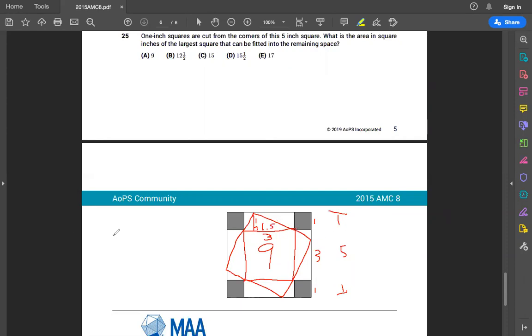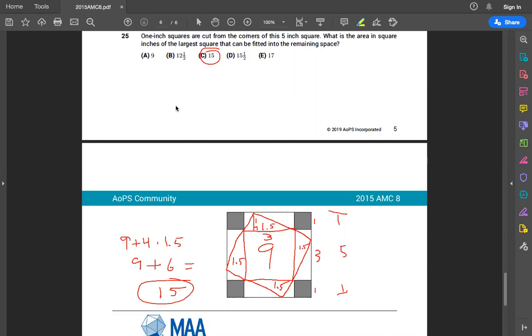So we have 9 plus 4 times 1.5. 1.5 for each of the 4 triangles. So this is 9 plus 6, which is 15. So if we look at the answer choices, 15, there's our answer.